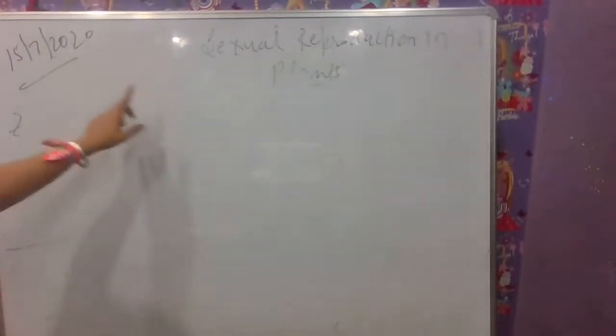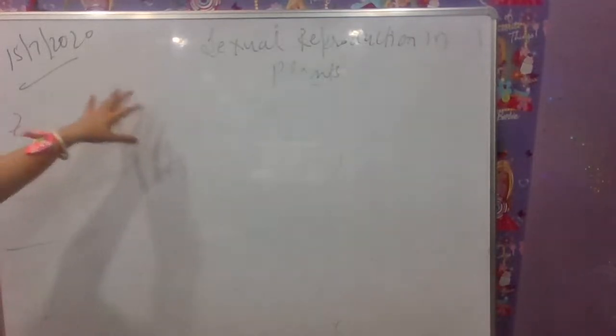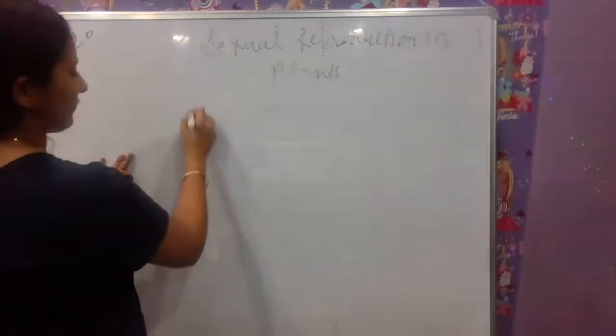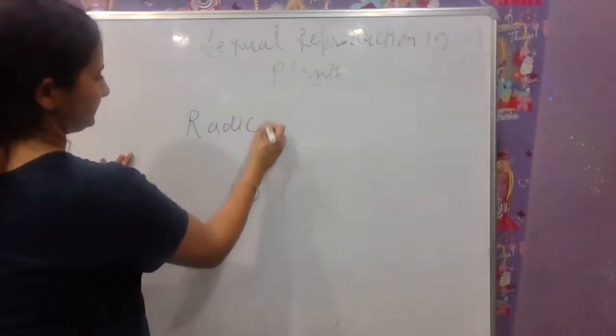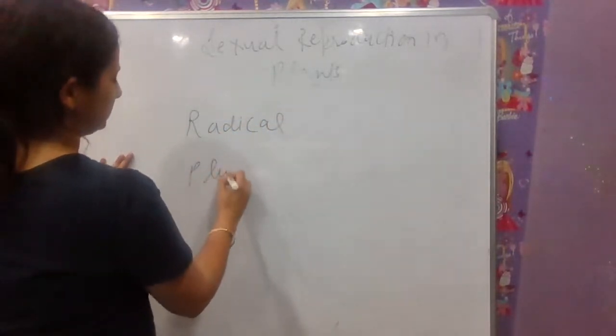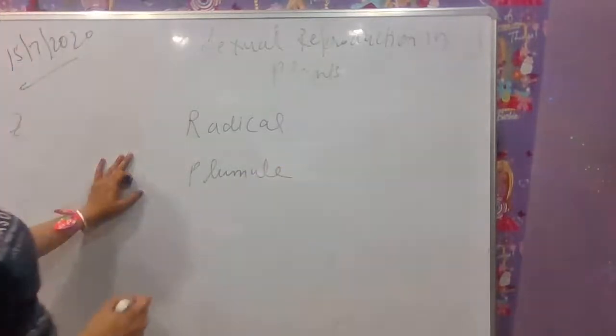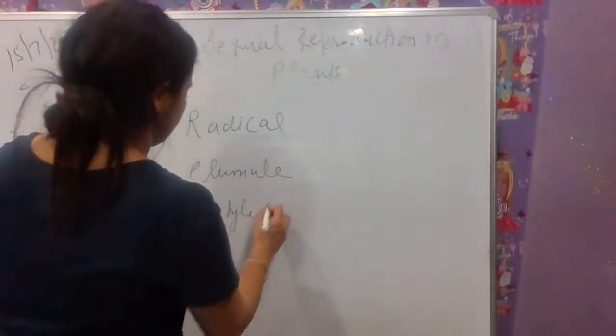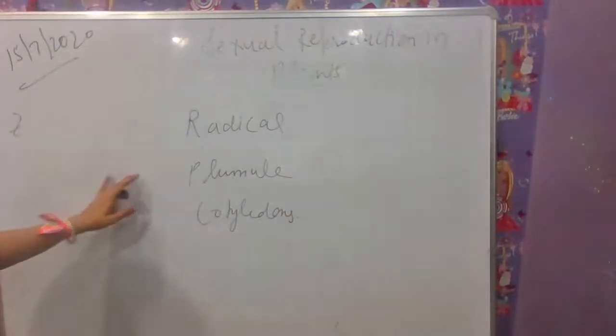What happened now? Zygote divides several times to form embryo within the ovule. Now, embryo possesses what? Embryo possesses radicle, plumule, ठीक है, and cotyledons. I will just draw the diagram.